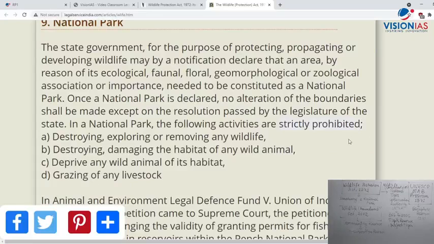Highest protection is given to a national park, right? Like destroying, exploring or removing any wildlife, damaging the habitat, depriving any wild animals, grazing of livestock, all these are prohibited in a national park, right? Is it clear, everyone? Are you able to understand here?